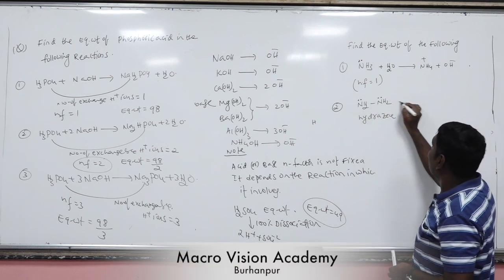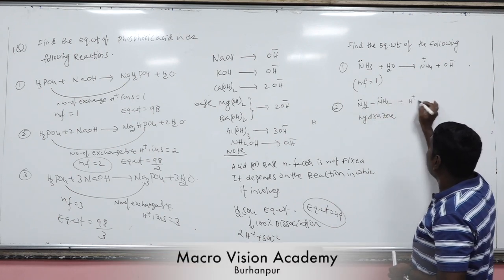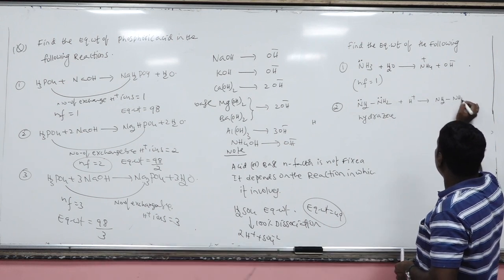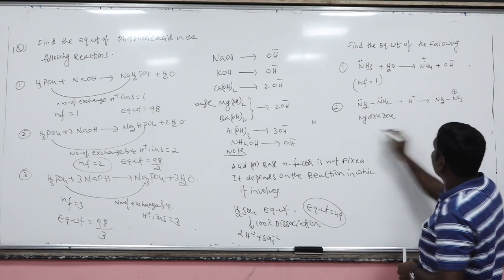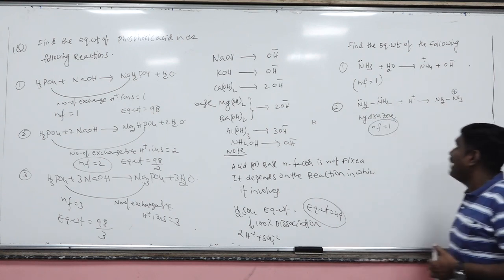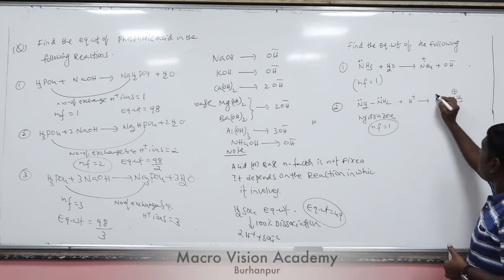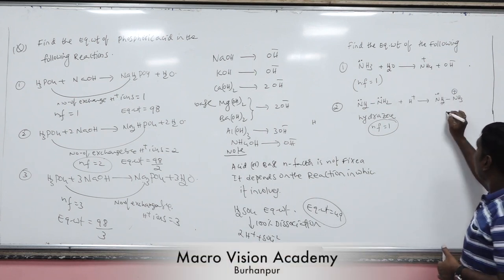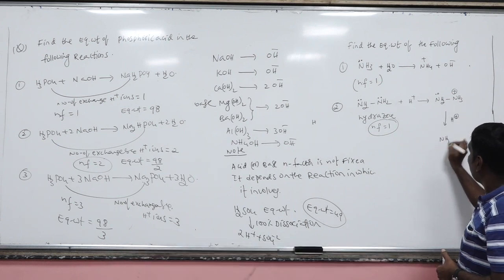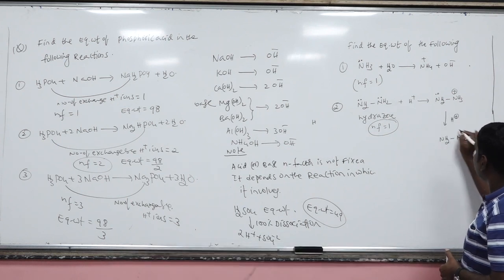But actually what happens, it accepts first 1 H plus, so NH3 plus. The N factor is only 1. You may have one more doubt. Here nitrogen also has one lone pair. Why should it not abstract one more H plus so that it will be dipositive?